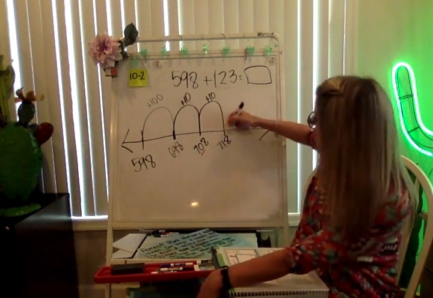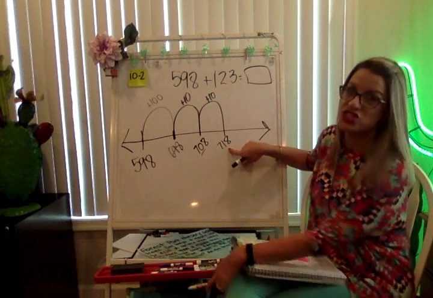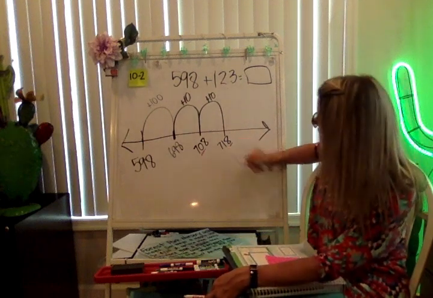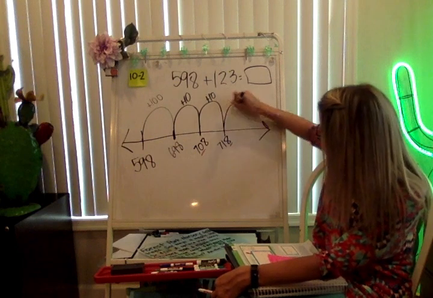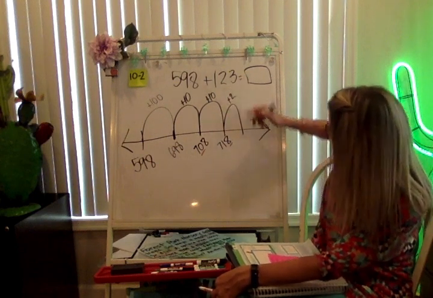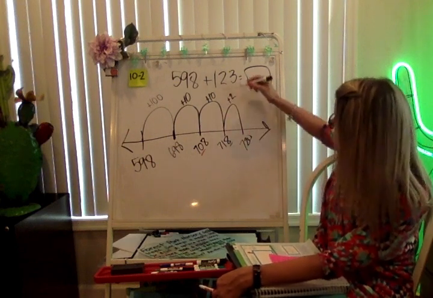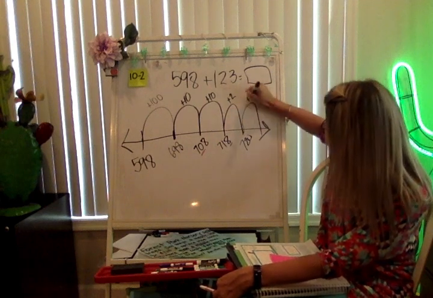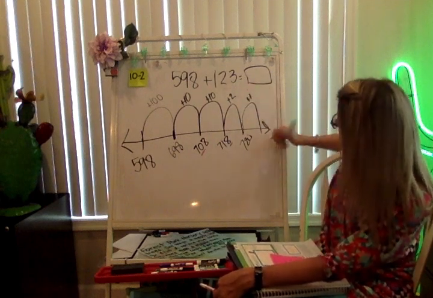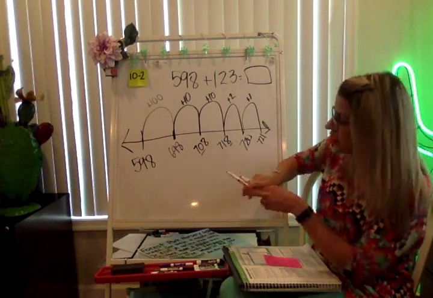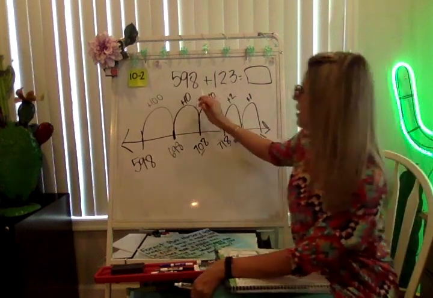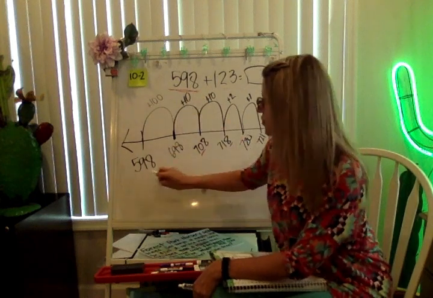Now I'm going to add 3. I'm going to go ahead and just get to my nearest 10 in my ones place. So 718, I need to add 2 to get to the next 10. That gets me to 720, and I need to add 1 more to get to 721. So, just double check. My original number was 598.